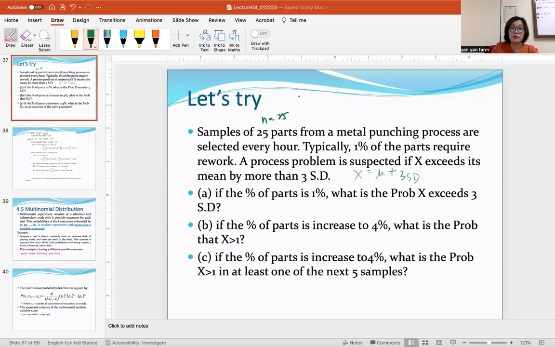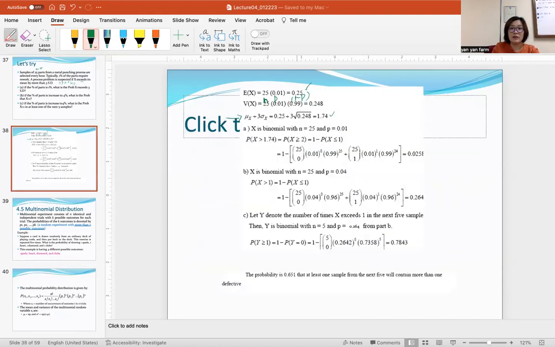Okay, back to the question. The problem is suspected if X exceeds this, so I write X bigger than 1.74, right? Because this is a binomial, X is close to or equal to 2, or I should say 1 minus P(X smaller than or equal to 1).